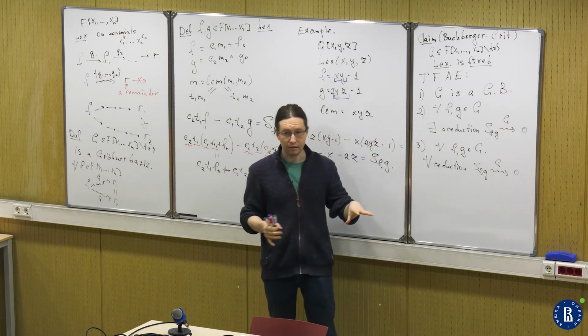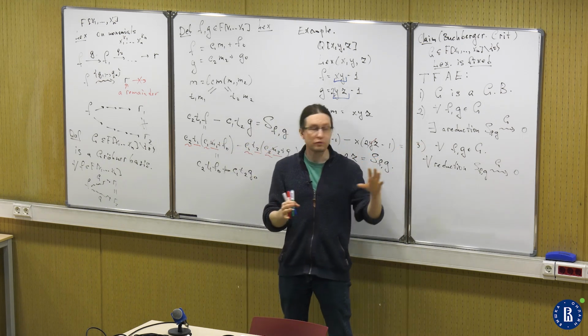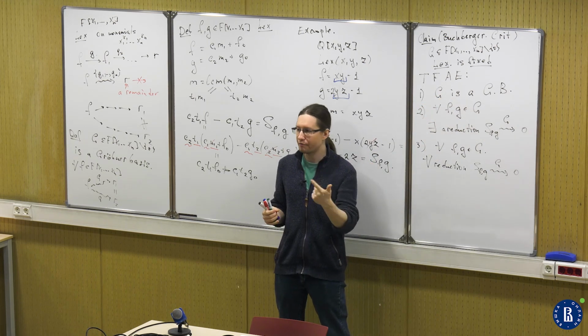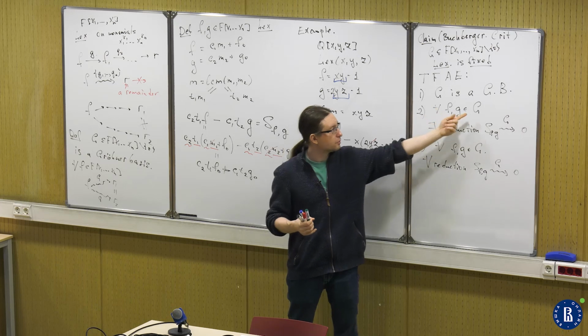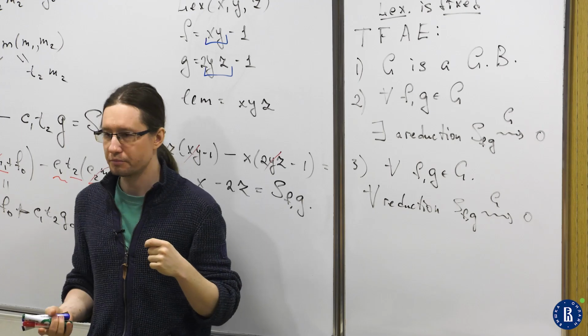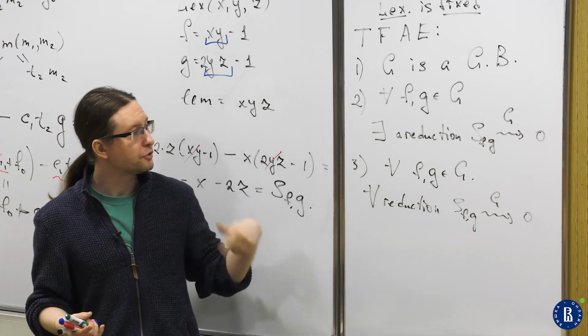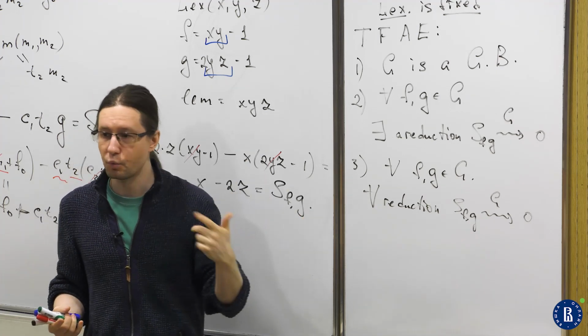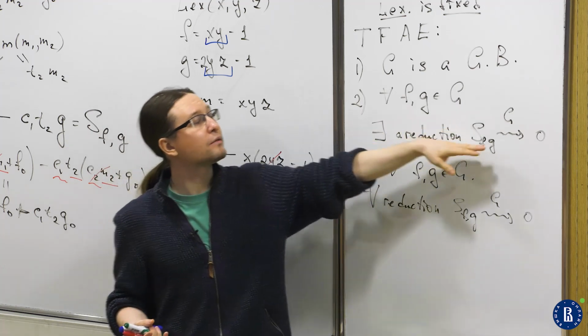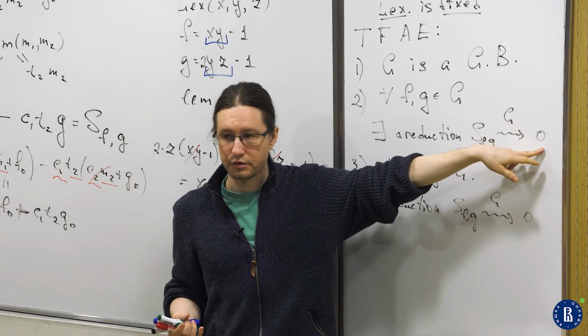So roughly speaking, the set of polynomials G is a Gröbner basis if and only if every S polynomial for polynomials in G reduces to 0 with respect to G. And reduces to 0 can be formulated in two ways. The first way is to say that there is at least one reduction that leads to 0.